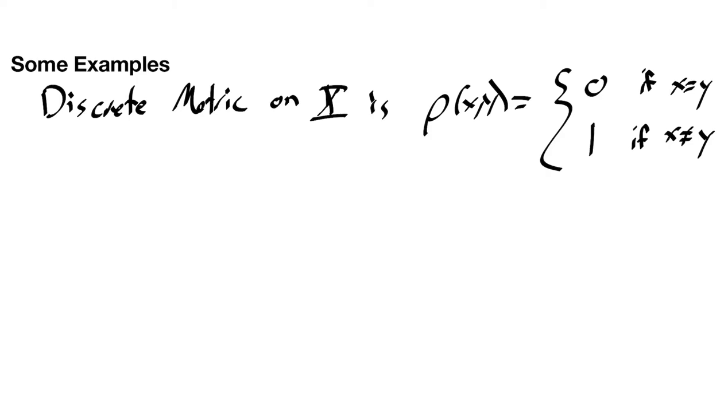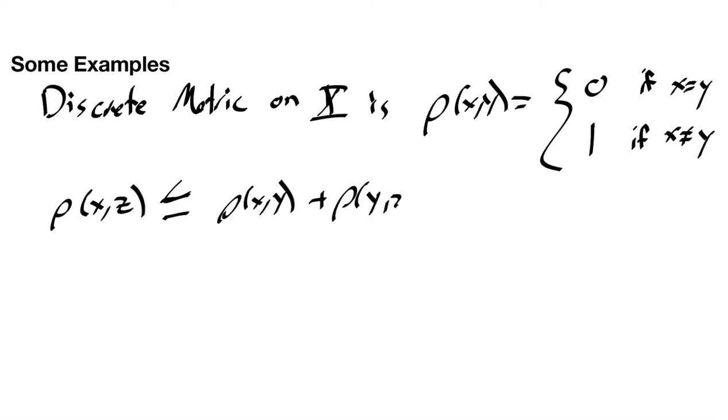Well, the first thing we might ask is, what about rho of xz? And there are two cases. Rho of xz could be 0 or 1. We want to prove this is less than or equal to rho of xy plus rho of yz.